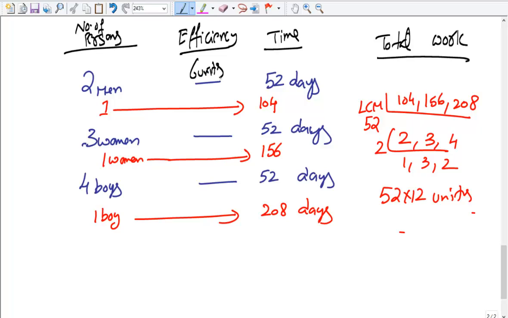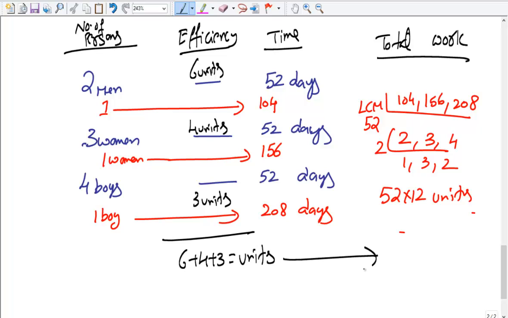One woman's capacity is going to be 4 units a day. 4 boys finish the work in 52 days. One boy takes 208 days to finish 52 × 12 units, so the capacity of one boy is going to be 3 units. Now the combined efficiency is 6 + 4 + 3 = 13 units a day. The total work is 52 × 12 units.